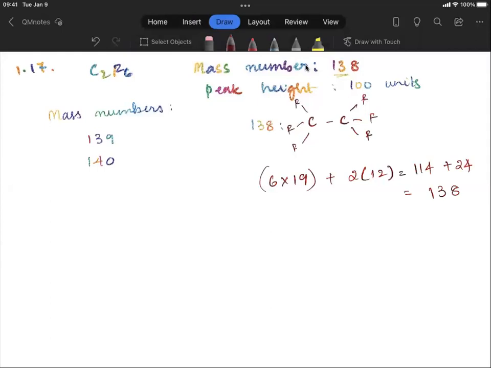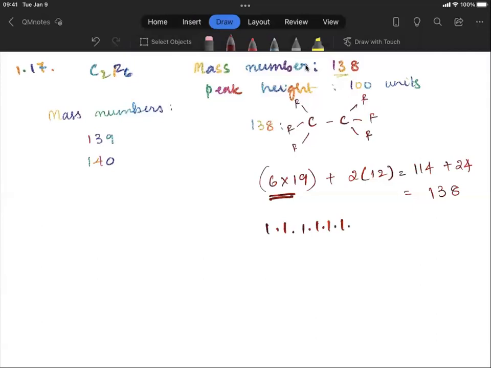Now the probability of all the 6 fluorines having a mass of 19 units each is 100%, because the isotopic abundance of 19F is 100%. So this probability is always going to be 1. 1 times 1 times 1 times 1 times 1 times 1.